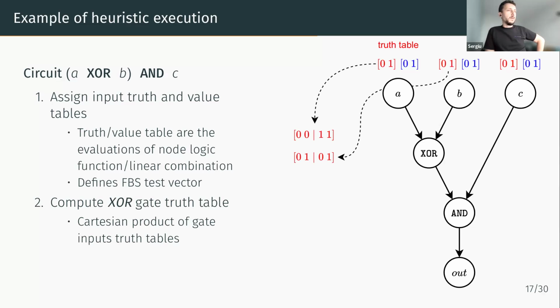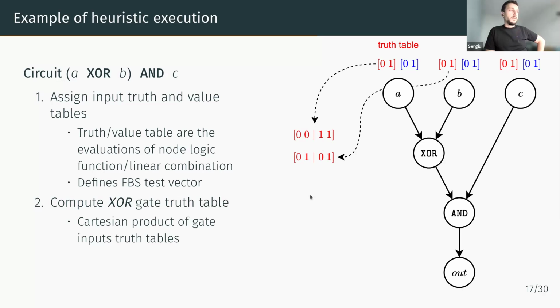So the first node to visit will be the XOR node here. And the first step is to compute the truth table of this node. In order to do this, the heuristic does a Cartesian product of the truth tables of the node inputs. Here you can see the Cartesian product as the pairs, as the columns of these two vectors: 0,0, 0,1, 1,0, 1,1.